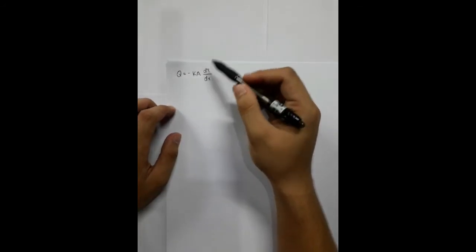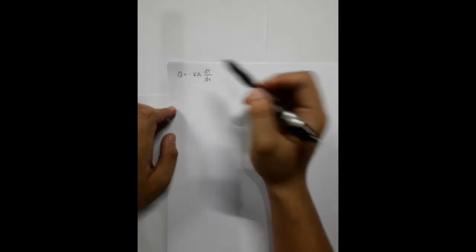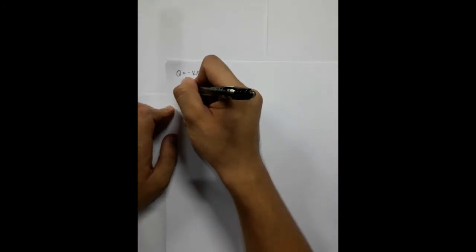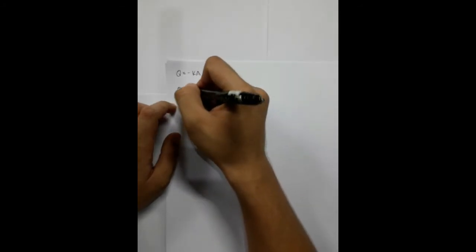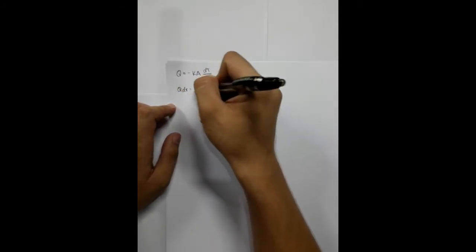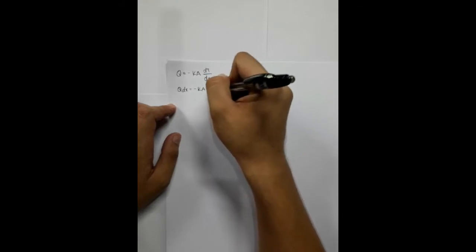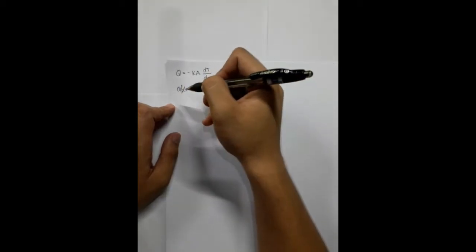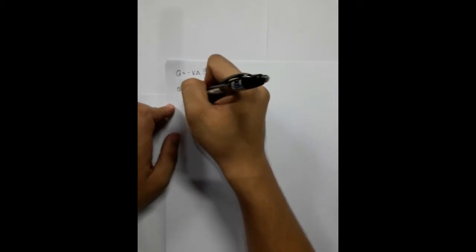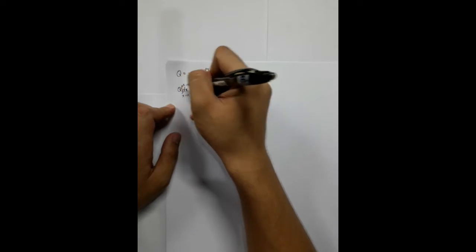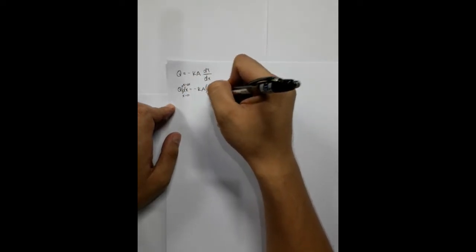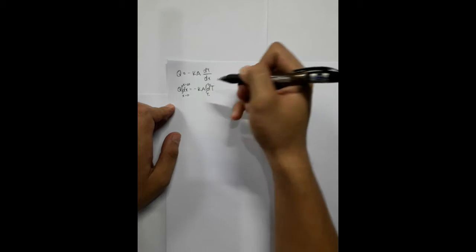So, para matanggal yung differential dyan, kailangan natin i-integrate. So, cross-multiply muna natin si dx sa kabila. Q dx equals negative K A dT. So, integrate natin siya from x equals 0 to x equals a certain value, or sabihin natin delta x, and from T1 to T2.